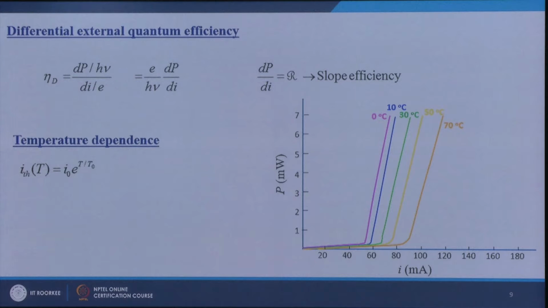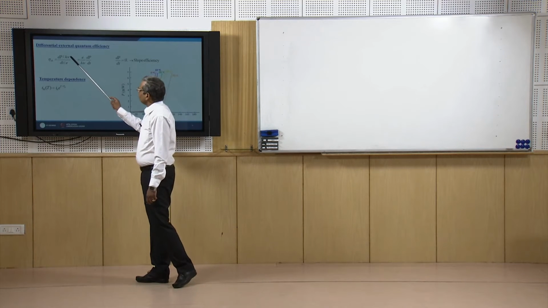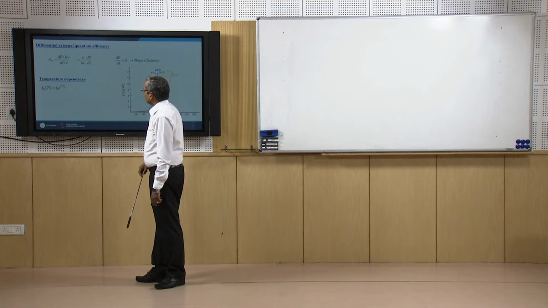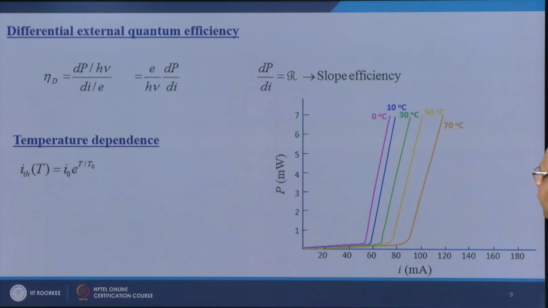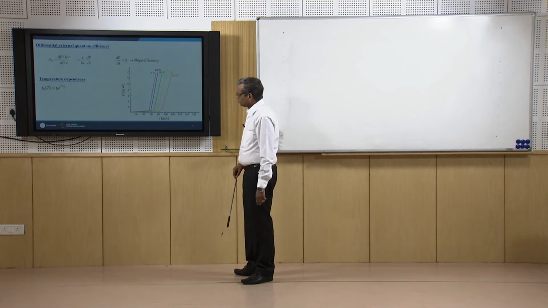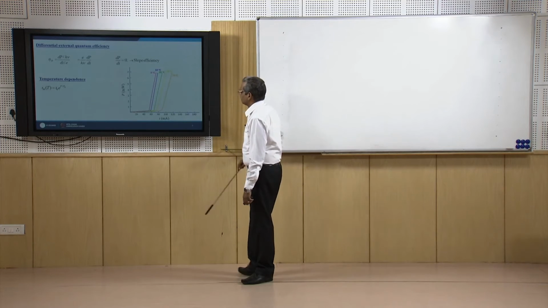A laser diode is characterized by the differential external quantum efficiency, which is given by dP over h nu divided by dI over e, which is e over h nu times dP over dI, where dP over dI is the slope of the P-I curve of a diode laser in the region I greater than I_th, where the lasing actually occurs.